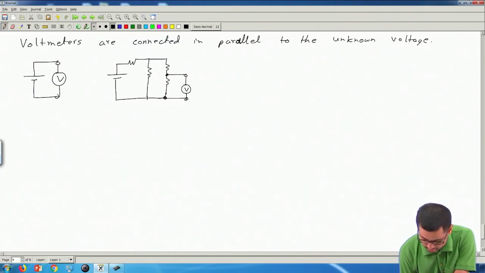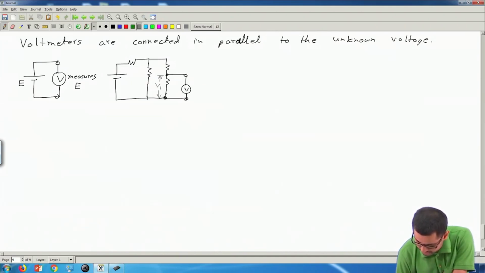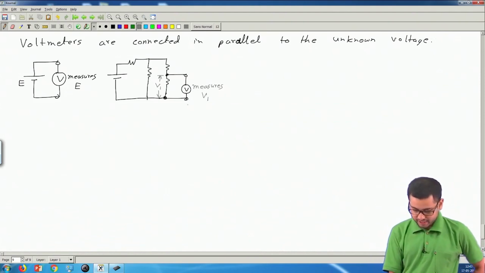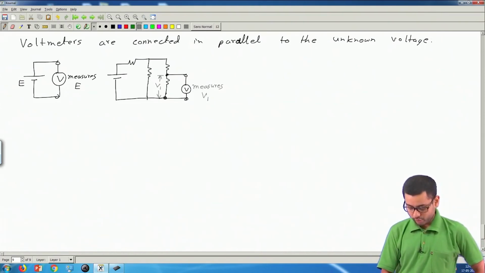Here, if I call this E, then this voltmeter V measures E. In this circuit, if I call this potential drop V1 between these two terminals, then this voltmeter is measuring voltage V1. So voltmeters are always connected in parallel to the unknown voltage that we want to measure.